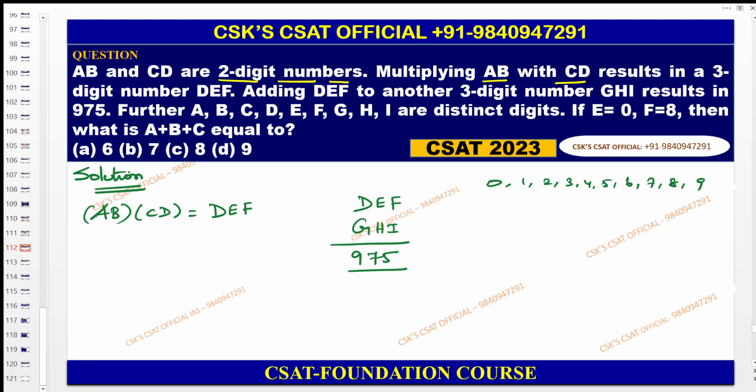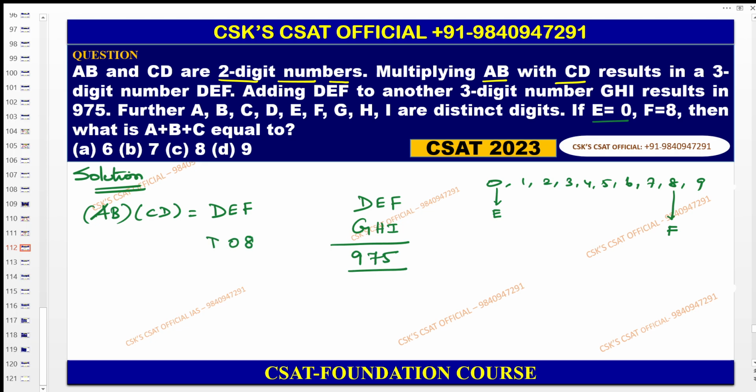After knowing that, E is assigned 0, or else 0 is assigned for E. So whatever here, please mark it here also 0. Then F is assigned as 8. So this is F here. See here, F is also there, 8.